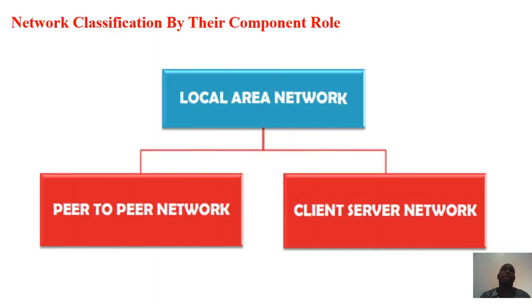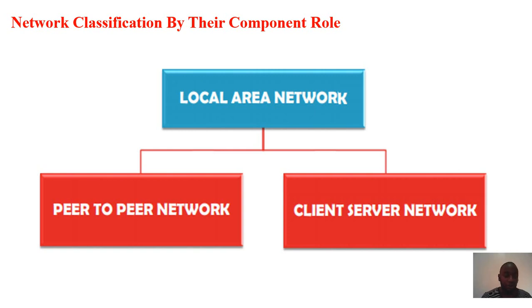Network classification. Like an example, on a local area network, we have two major types of how you can classify a network. The first one is peer-to-peer. Peer-to-peer is when you connect two devices directly, straight on.